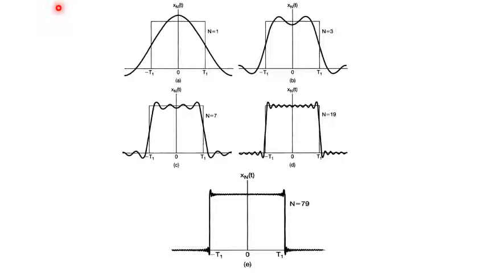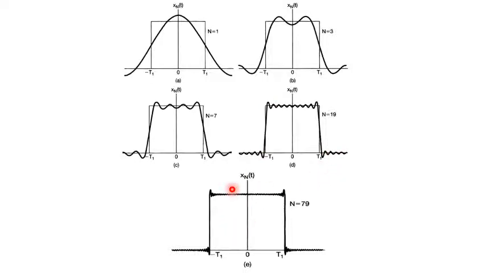Michelson observed that the behavior of the partial sum in the vicinity of the discontinuity exhibits ripples as shown here. You see ripples here, here, again this one, and so on.